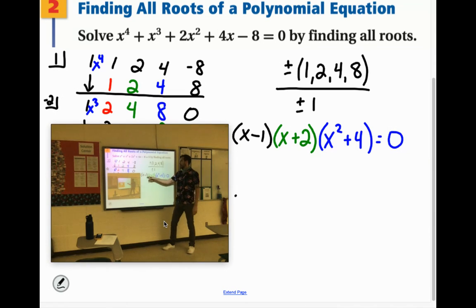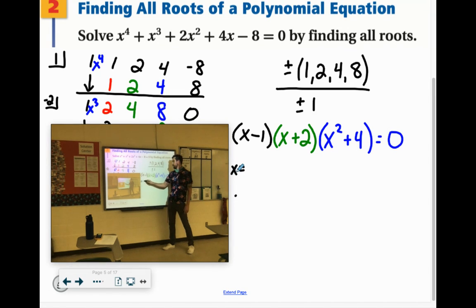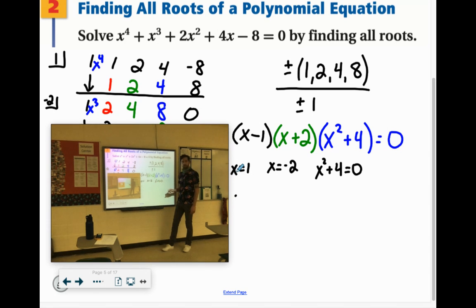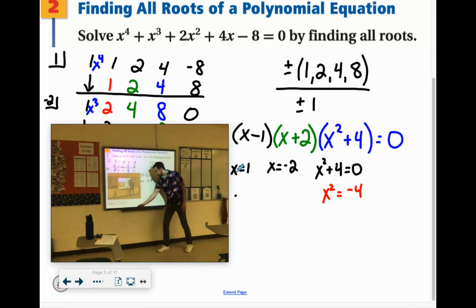So this, we have this x equals 1 here. We have the x equals -2. We're trying to figure out these other zeros here. So we could set up an equation x squared plus 4 equals 0 and solve it. So how do you solve that? You subtract the 4. So you'd have x squared equals -4. And then you would square root it.